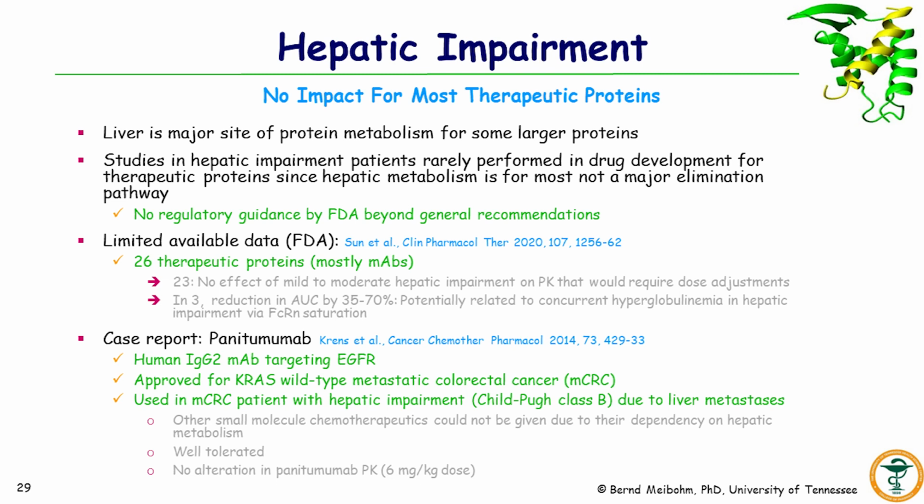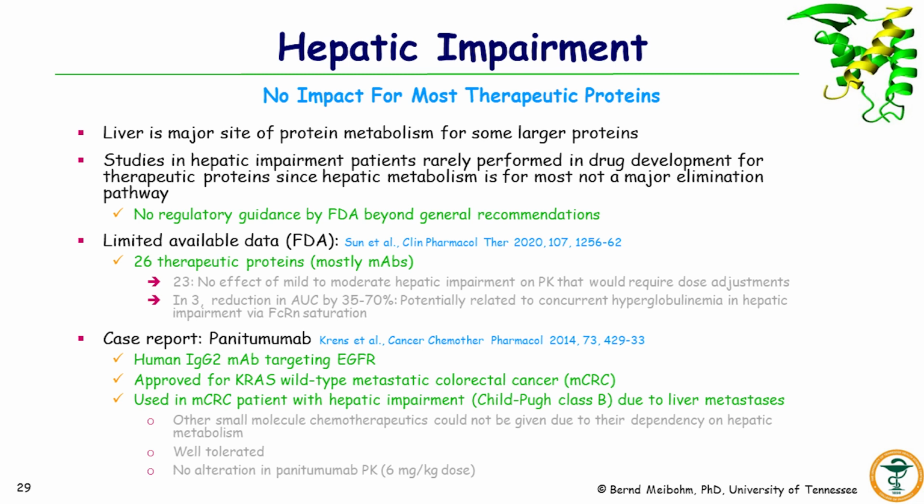However, colleagues at FDA put together a nice publication in 2020 where they collected data for 26 therapeutic proteins from their databases, mostly monoclonal antibodies, and they could show that in 23 of them, there was no effect of mild to moderate hepatic impairment on the pharmacokinetics that would require dose adjustments.